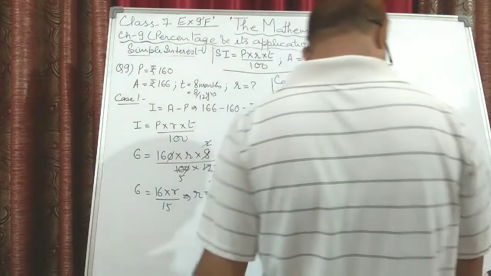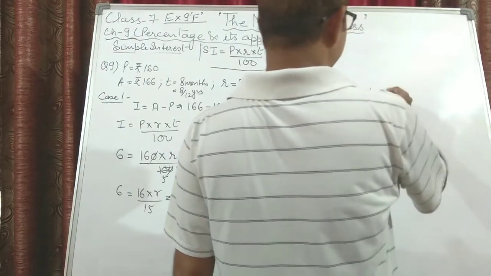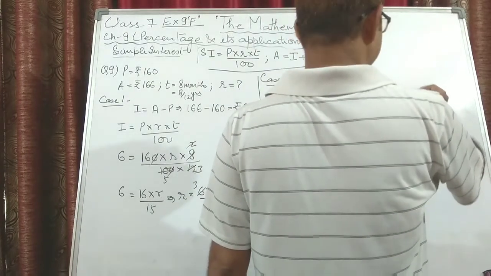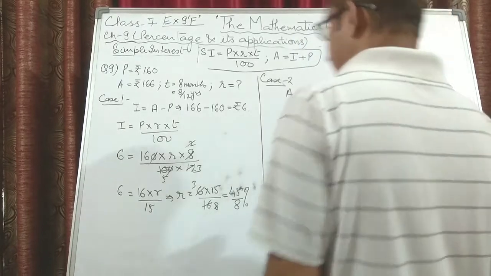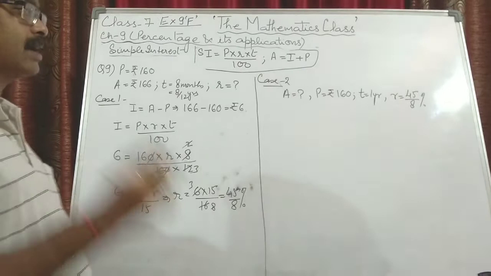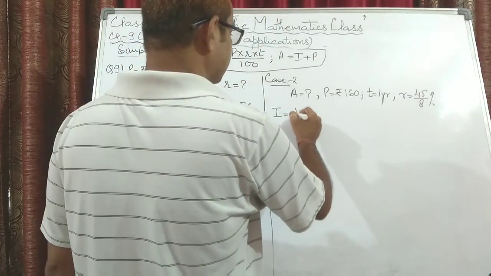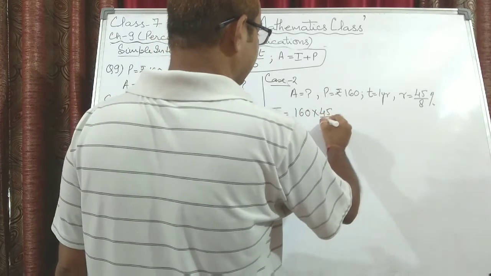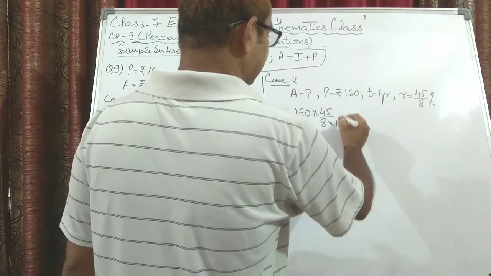So time is given as 1 year, and the rate of interest is from the previous case, that is 45 upon 8 percent. In order to find the amount, first we will find the interest, and that interest will be added to the principal. So interest we know, principal 160, rate 45 upon 8 percent, that will be into 100, and time is 1 year.